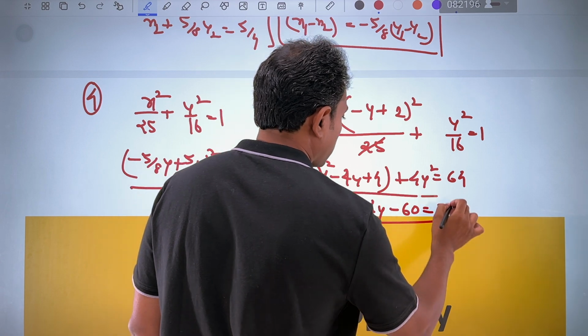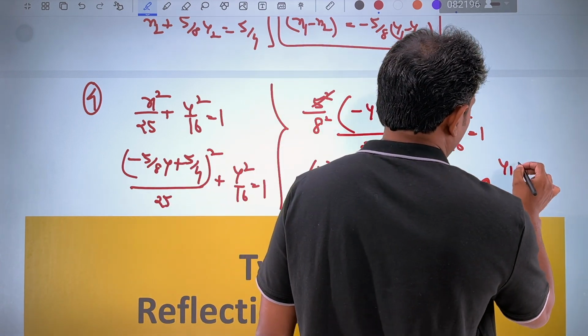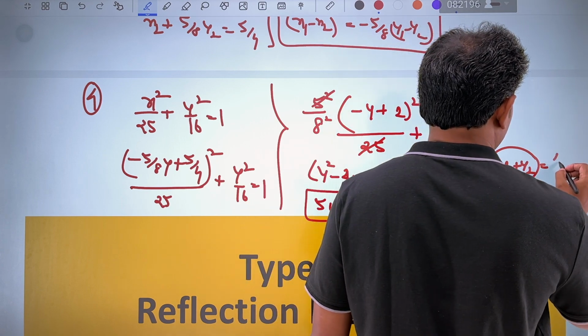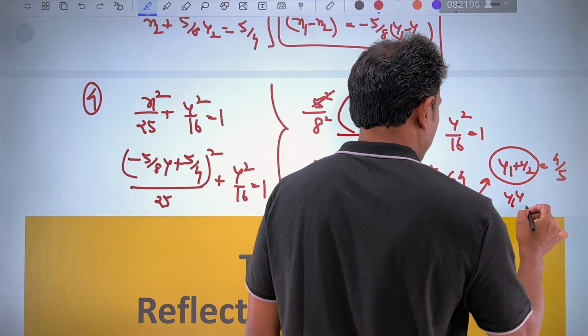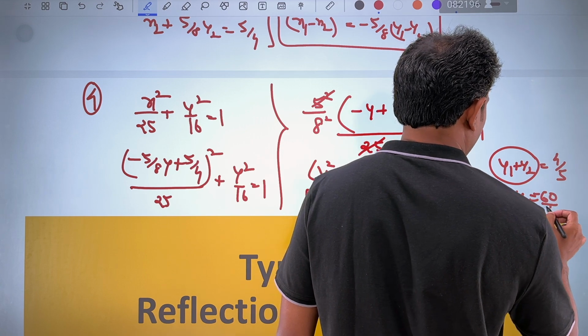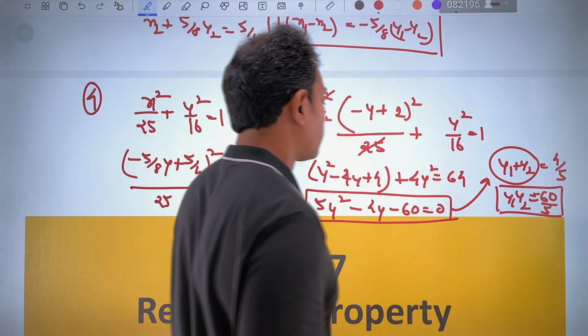So you can see that you have got a quadratic. From here we will be able to find y1 plus y2. This comes out to be 4 by 5, and y1 y2 comes out to be minus 60 by 5. So you have got both the values.